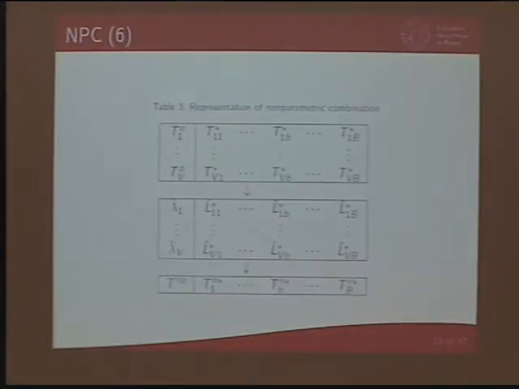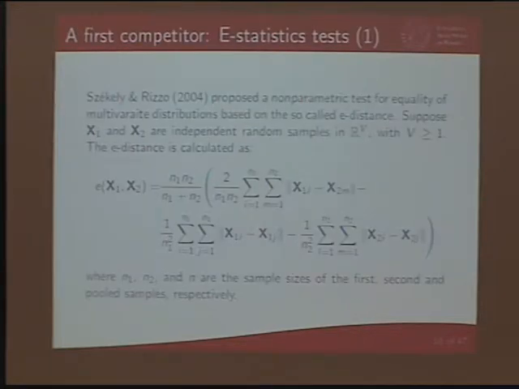Now, we try to apply this procedure to two-sample multivariate goodness of fit testing problems, and we wanted also to find out some competitor to compare our procedure with some other. Here we had some difficulties, so I also asked Simos to help us in finding some competitors. It was not so easy.